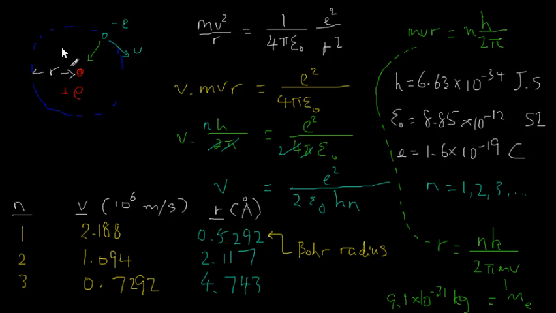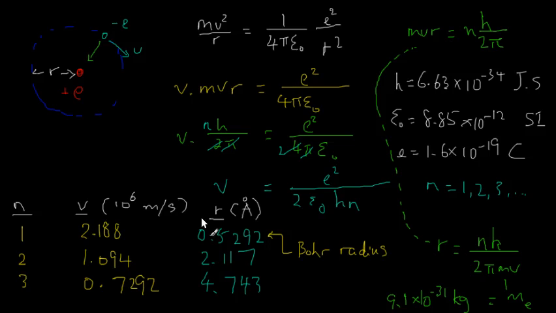So in the last lecture, I talked about how we can use this relation together with the relation for the centripetal force to find the radii of orbits that are allowed, because the n here has to be whole numbers.